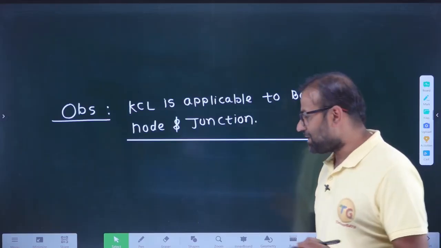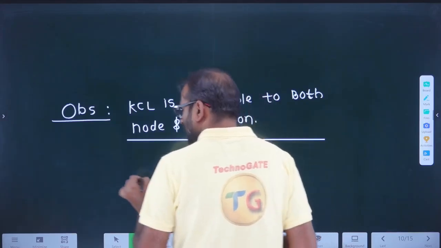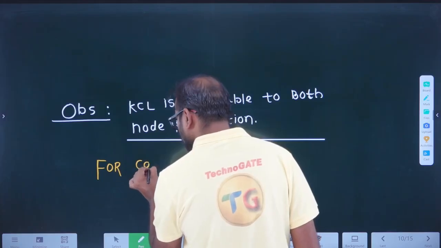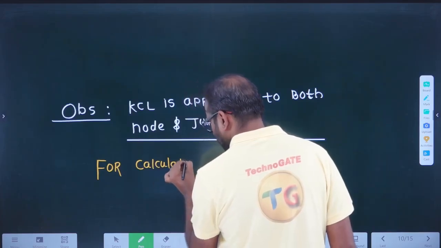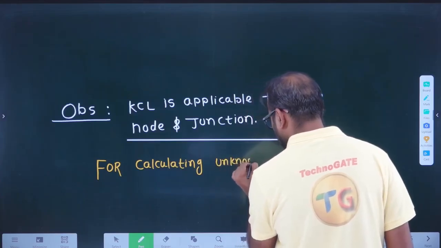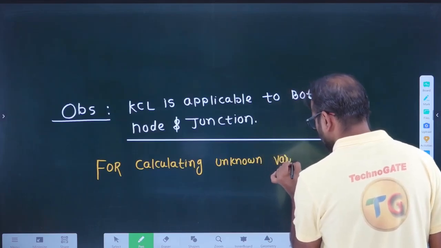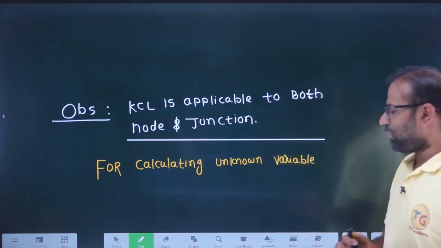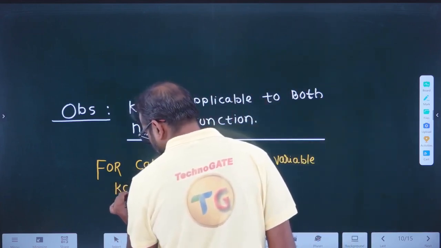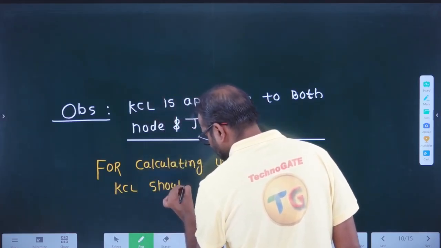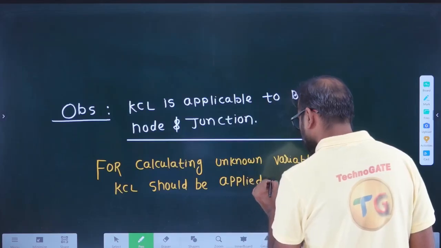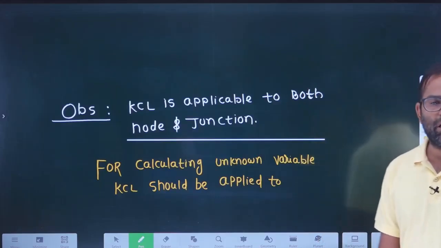But if you want to calculate, this is again an observation, for calculating the unknown variable, KCL should be applied to the junction.